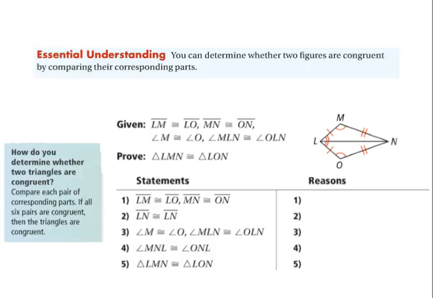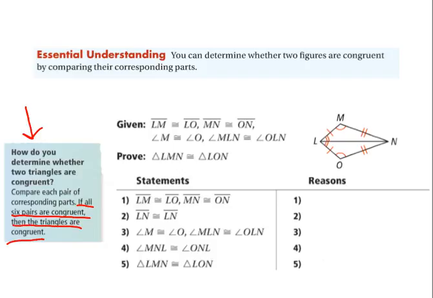So let's try determining if these two figures are congruent based on corresponding parts. On this little box over here, I want you to underline some things. How can you determine whether two triangles are congruent? You compare the corresponding parts, and here's the kicker: if all 6 parts are congruent, then the triangles are congruent.